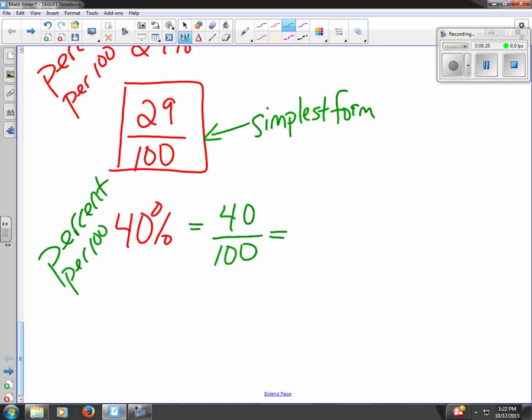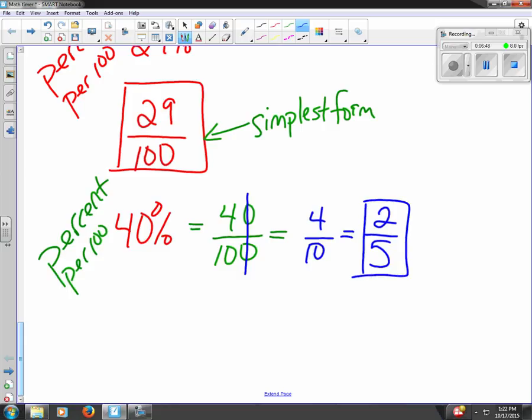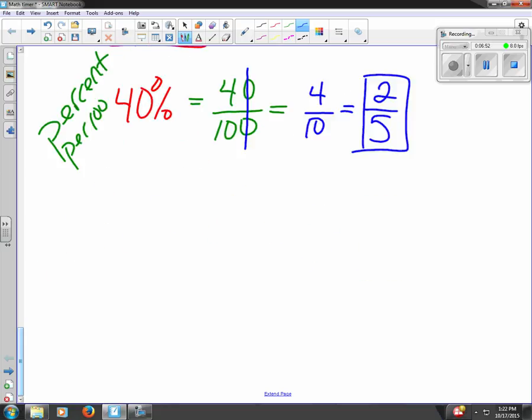Okay, so 40 over 100 is not simplified. We know in 7th grade I showed you a trick where you cancel out the zeros. So now I have 4 over 10, because when you cancel out zeros, it's like dividing by 10. And then I can simplify 4 and 10 into 2 and 5. So that is simplest form, and you're done. Just remember, percent means per 100. Let's try another one.